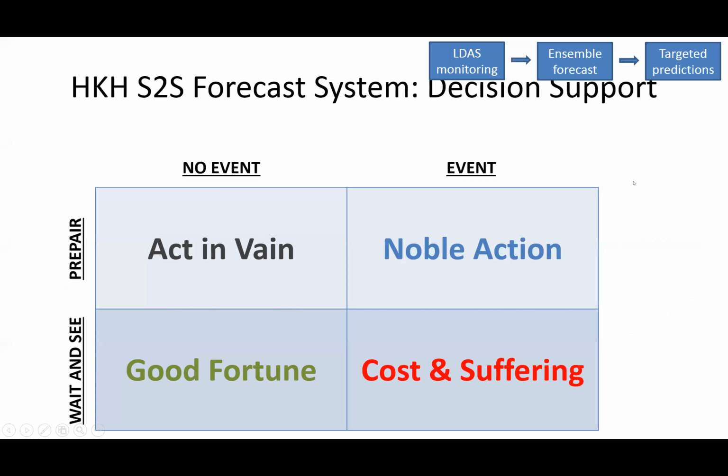We also know that forecast has lots of uncertainty. If we are giving a good forecast, it has certain value, but if we are giving a wrong forecast, it has implications. But if we are not giving any forecast, it has other implications.